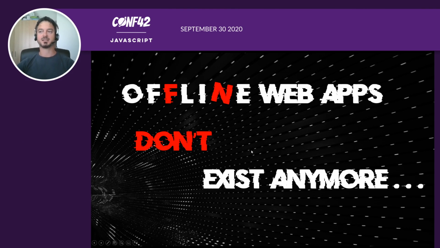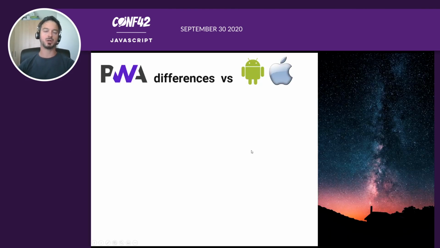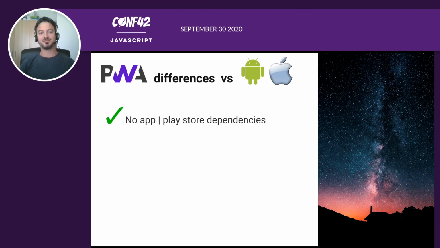Let's start by seeing first of all the differences between a progressive web app and a native application, either Android or iOS. This doesn't want to be at all a competition or a fight, but just list out some concrete differences. First of all, we don't have to fulfill the requirements or the rules of a Play Store or App Store.